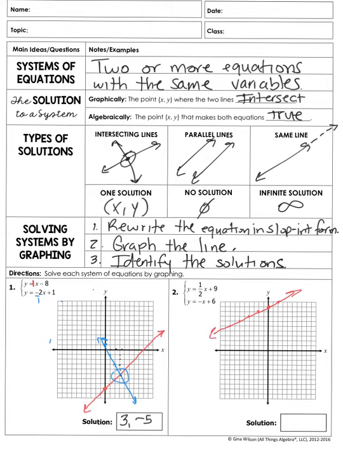In the second line, the y-intercept is at 6 and the slope is -1. Since there's nothing in front of the x except for a minus sign, the slope is -1 over 1. So we go down 1, right 1, or up 1, left 1, up 1, left 1.